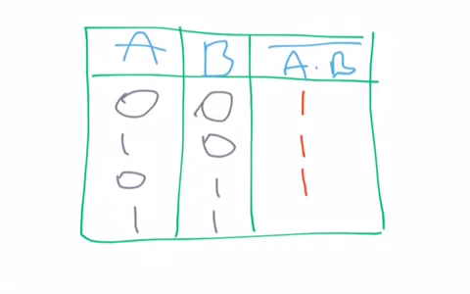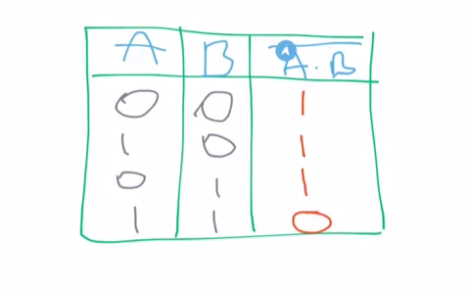And observe the final one, 1 and 1. 1 into 1 is 1. 1 complement means 0. One more point we can say: it is just opposite to our AND gate outputs. In the AND gate, do you remember, the outputs were 0, 0, 0 and 1. Now we are writing 1, 1, 1, 0.